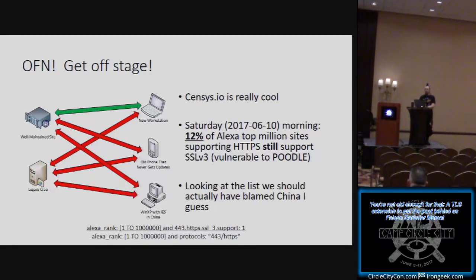Most of the sites that were in this, actually, maybe I shouldn't have blamed Russia because it turns out that they were almost all Chinese sites, Baidu, 360.cn, things like this. I submit that there's a reason for that. It seems to be uniquely hard to get rid of Internet Explorer version 6, which technically does support TLS 1.0, but you have to turn it on, and TLS 1.0 is vulnerable to these sorts of things anyway, so no one bothers.